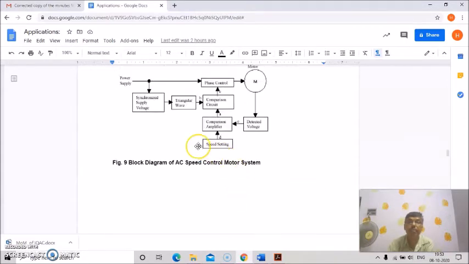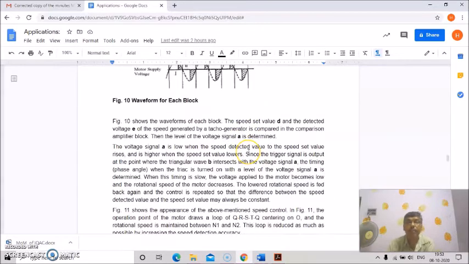The voltage signal A is low when the speed detected value rises relative to the speed set value, and is higher when the speed detected value lowers.